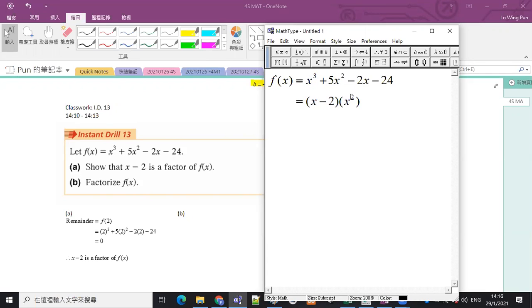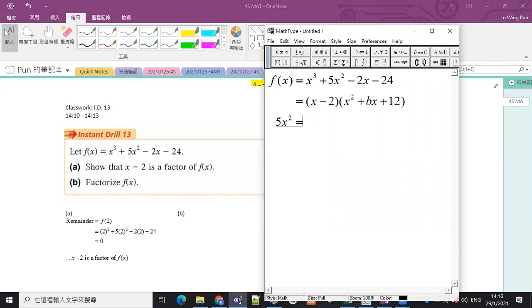Okay, and then the constant term should be 12. Then we put a plus bx there first. Then we compare the x squared term.